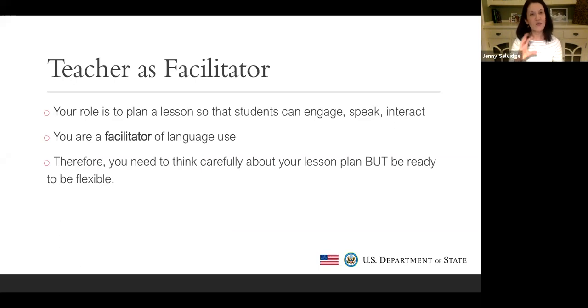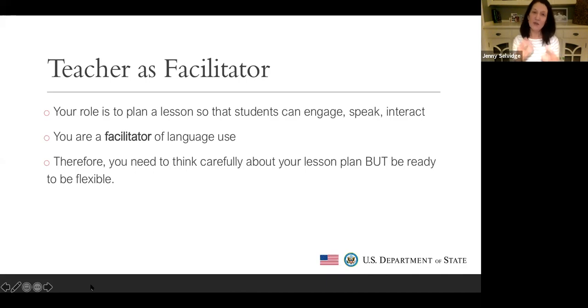So as I've talked about in other webinars, if you've been with me before, you know that our role as a teacher has to shift a little bit from the one who gives information to a facilitator. So your role is really in that lesson design and providing opportunities for students to engage, speak, interact authentically with your topic.